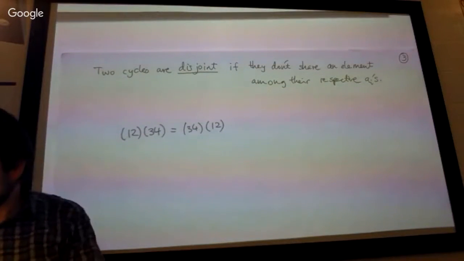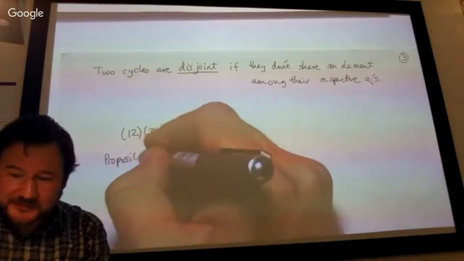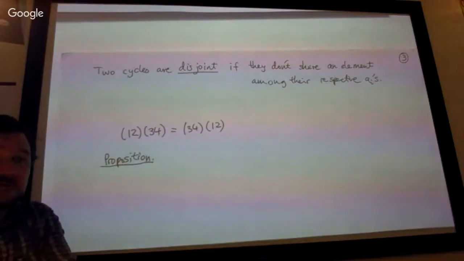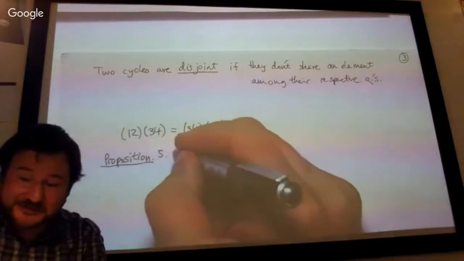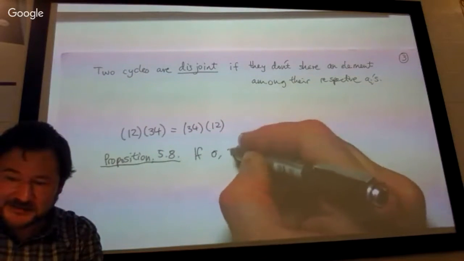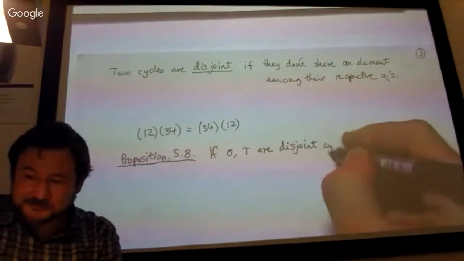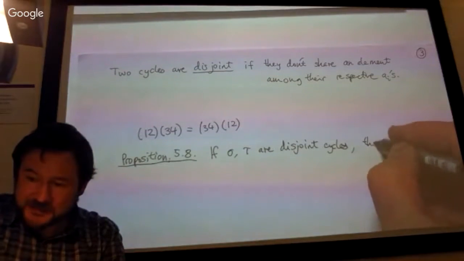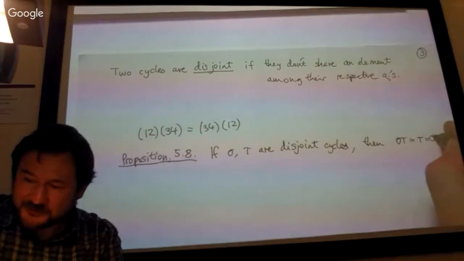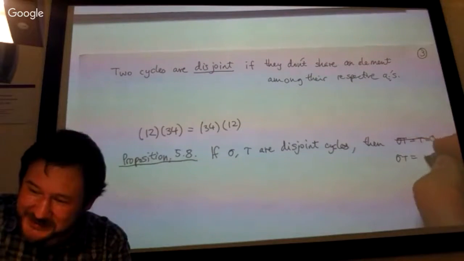Or in other words, one almost proving, I should call it an observation, but it's called proposition 5.8 in the book, is that if sigma and tau are disjoint cycles, then they commute. Sigma tau equals tau sigma.